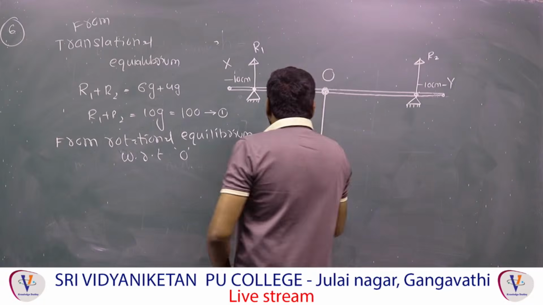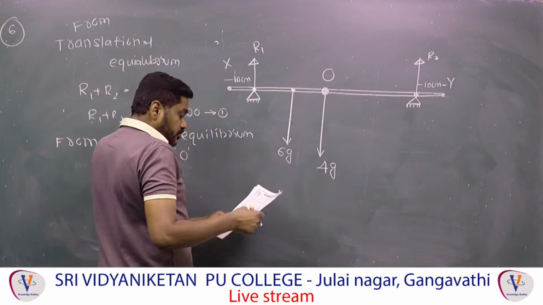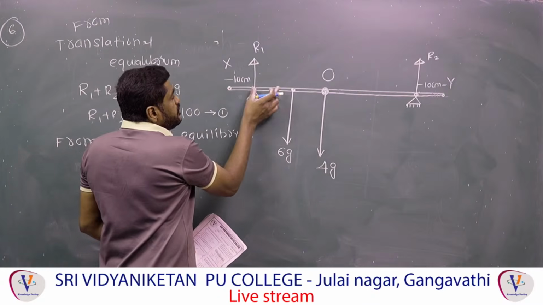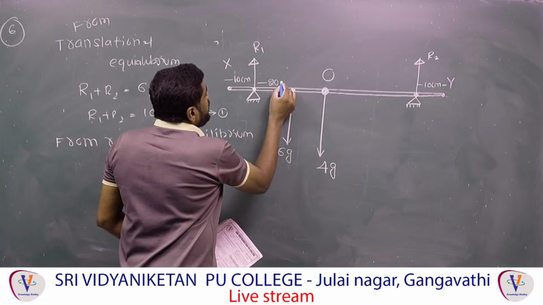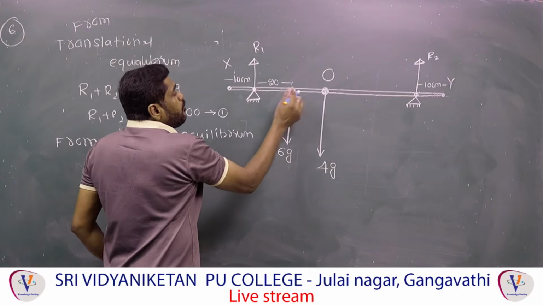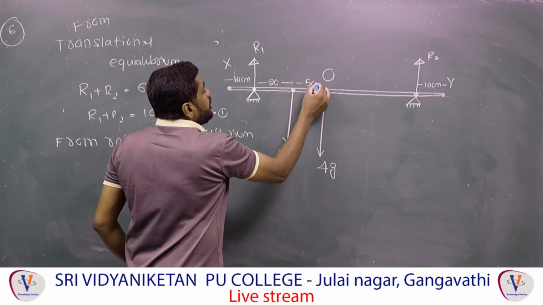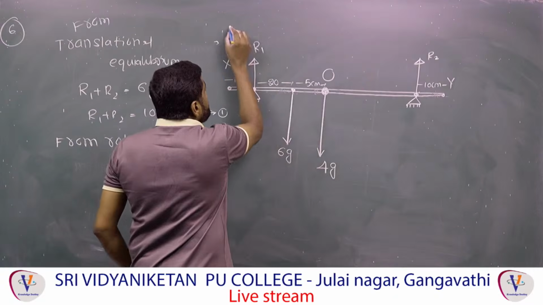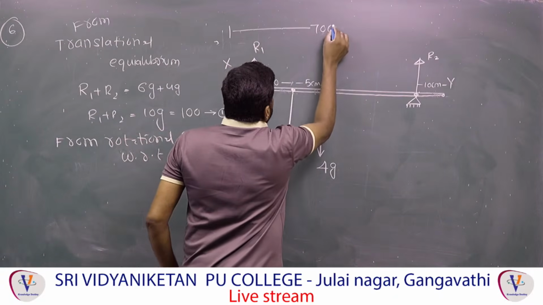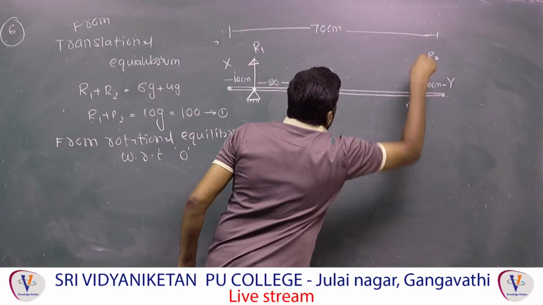For example, this is 10, this is 20, correct? This is 20 centimeter, and 30, and this is compulsorily 5 centimeter, because the total length is 70 centimeter they have given.